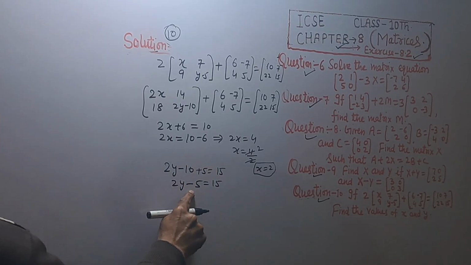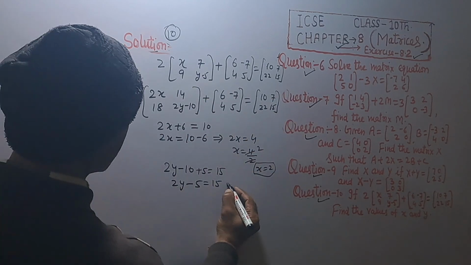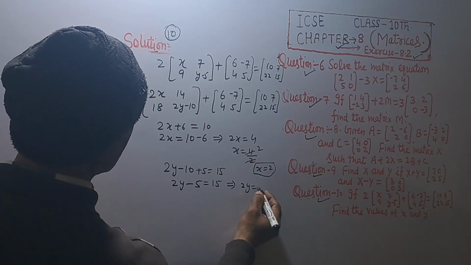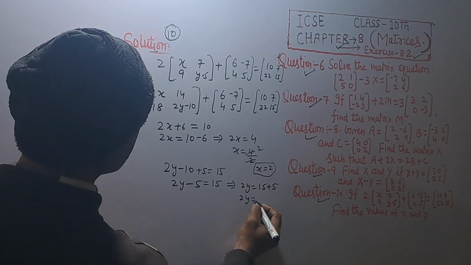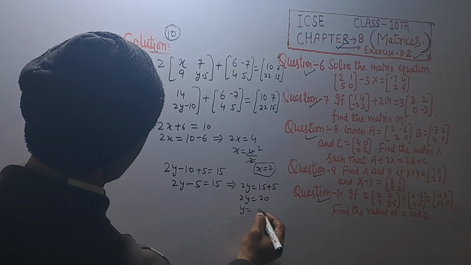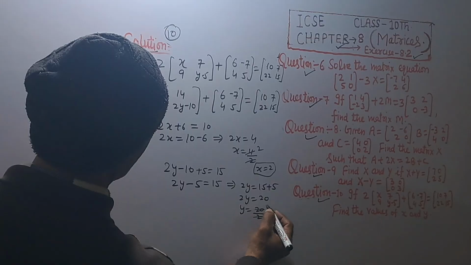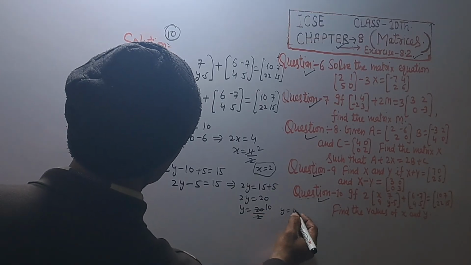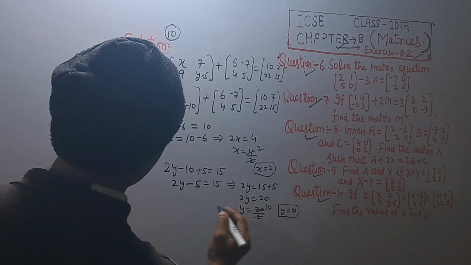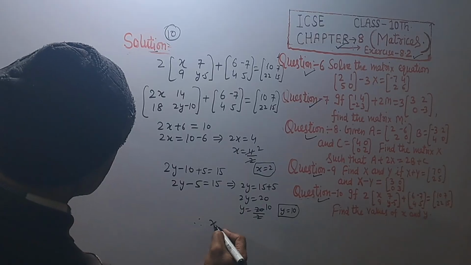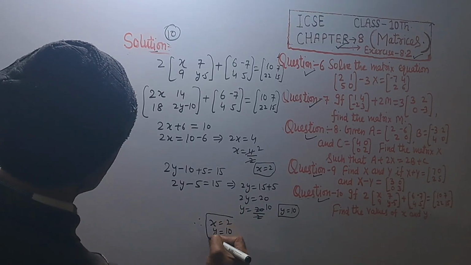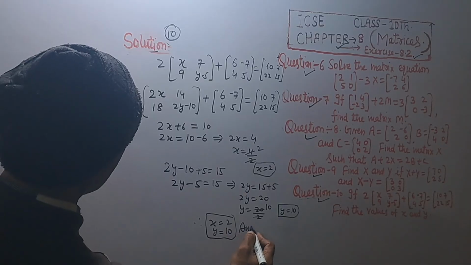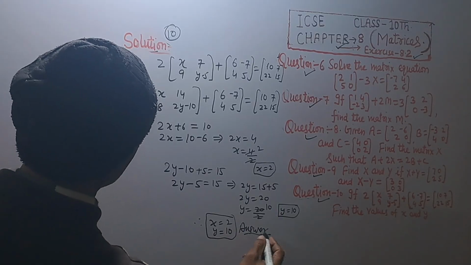Minus 10 plus 5 equal to minus 5, and we are shifting right. 2y is equal to 15 plus 5. 2y is equal to 20, and y is equal to 20 upon 2, that is 10. So y is equal to 10. So x is equal to 2 and y is equal to 10. Answer.